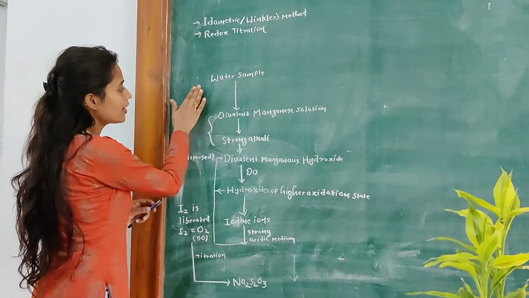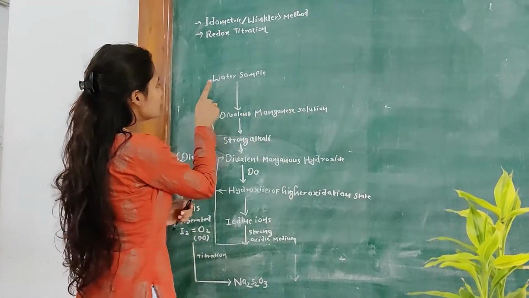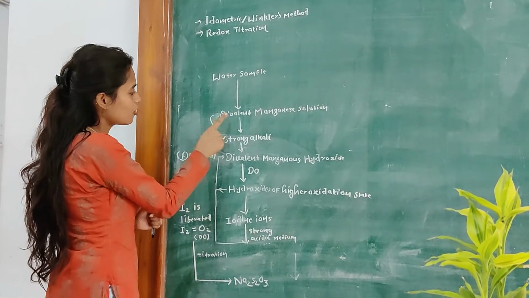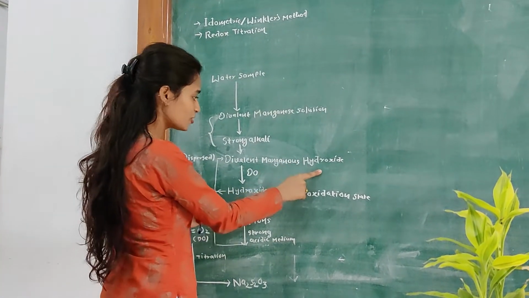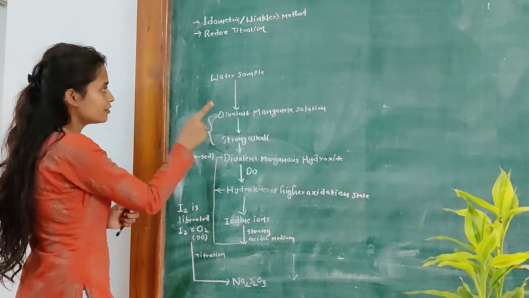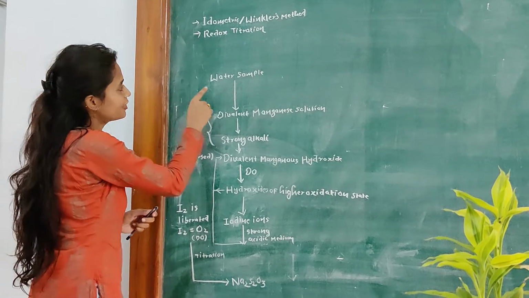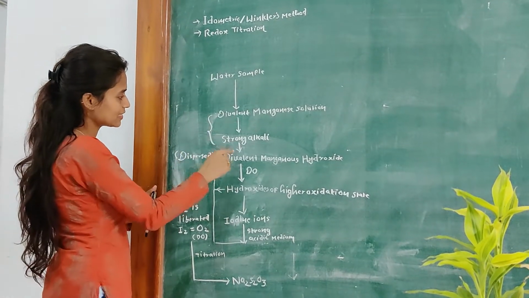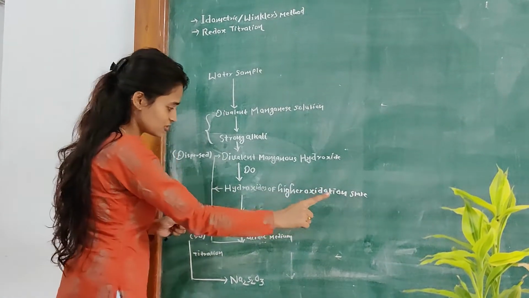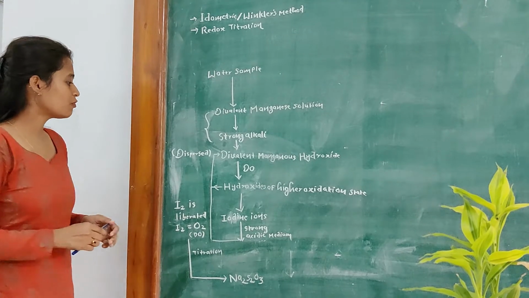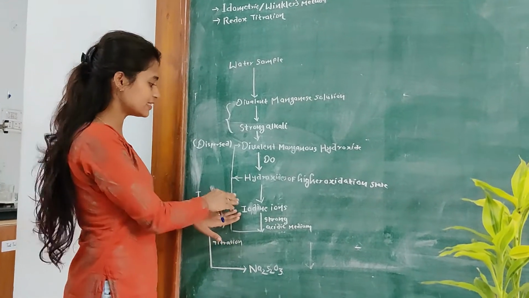What does that principle say? If you add a divalent manganese solution to your water sample followed by a strong alkali, then divalent manganese hydroxide is formed. If DO is present in that water sample, it quickly oxidizes this divalent manganese hydroxide to hydroxides of higher oxidation state. What happens if we provide iodide ions at this step?